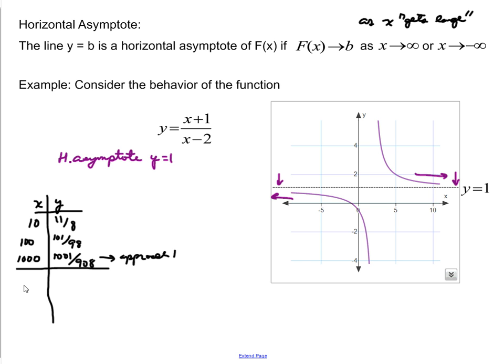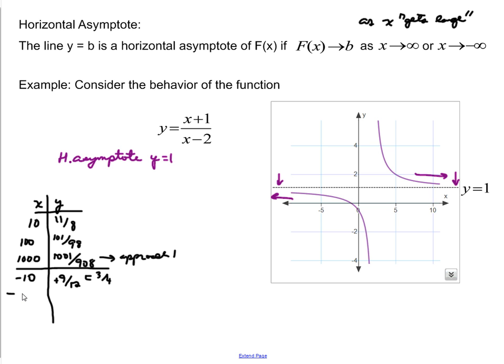And the same kind of thing is going to happen as we go off to the left-hand side. Putting in negative 10 is going to give us negative 9 over negative 10 minus 2, negative 12. So that's positive 9/12, which is 3/4.